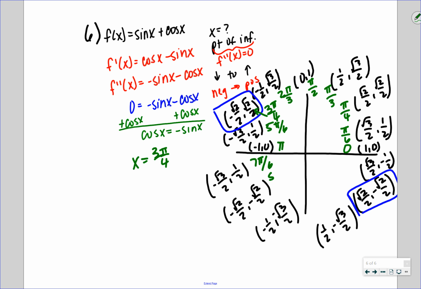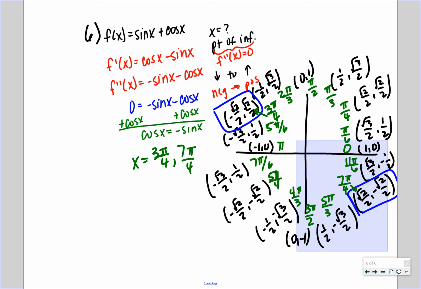This is 5 pi over 4. This is 4 pi over 3. And 3 pi over 2. Oh, I skipped this coordinate, 0, negative 1. And then this is 5 pi over 3. I have a 7 pi over 4. There is my other answer. And finally, 11 pi over 6. So x is 7 pi over 4 and 3 pi over 4.